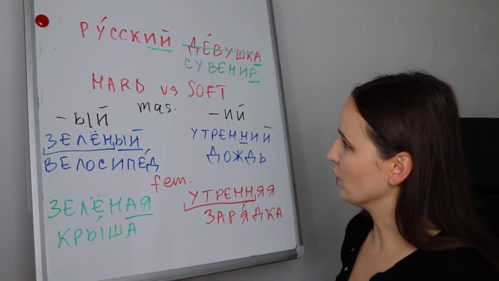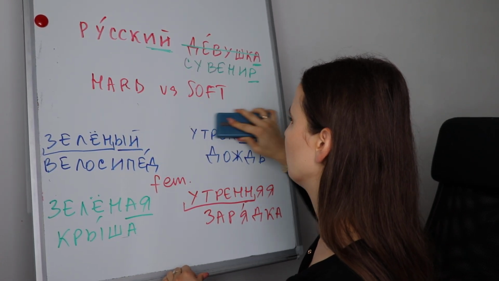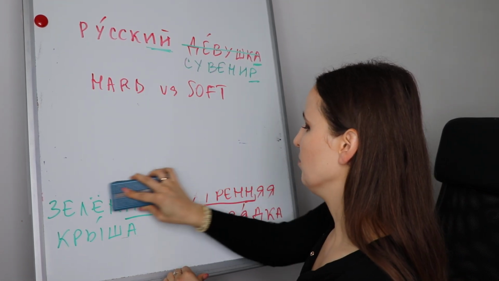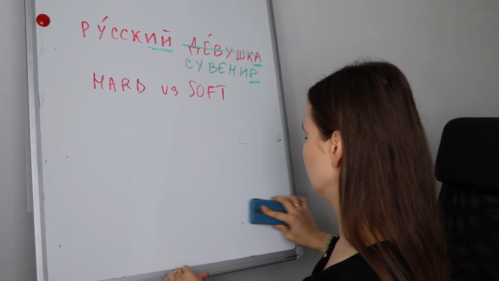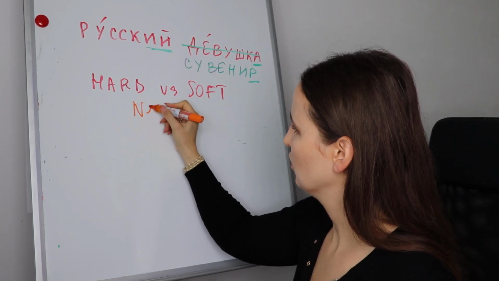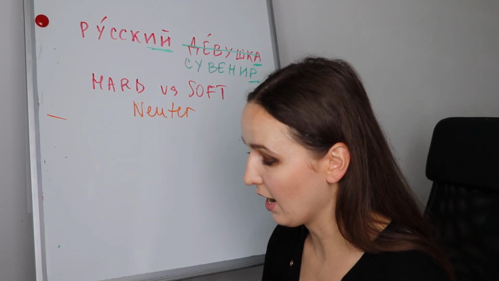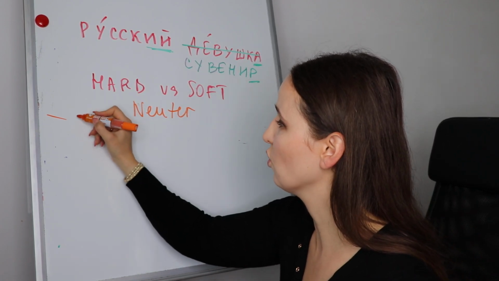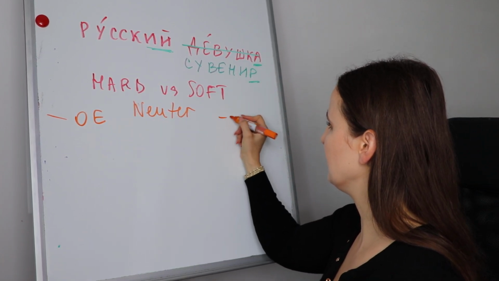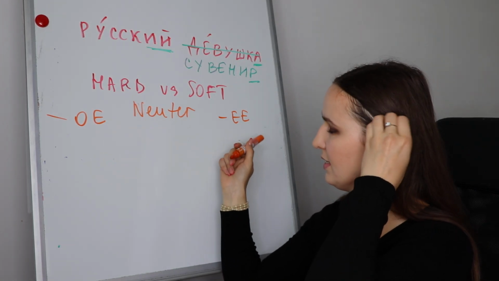Let's come up now with neuter examples. Neuter, hard versus soft. Neuter ending for hard adjectives is ое, and for soft adjectives is ее. Okay, like that. Ое, ее.